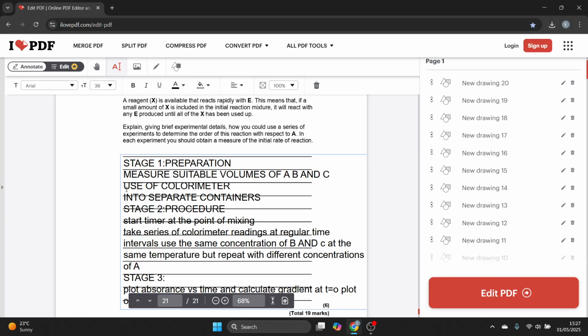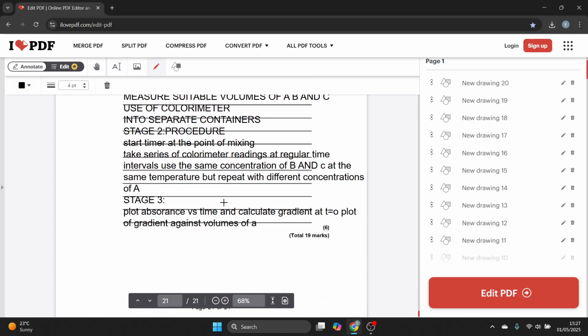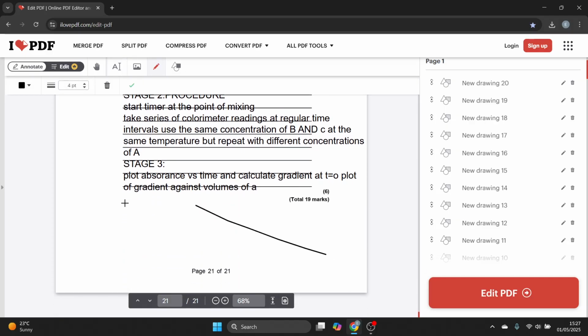Plot a graph of gradient against volumes of A, and then you interpret the order. So if it's a straight line, if it's like this, if it's like this, then you find out the order, and you show that in the exam.